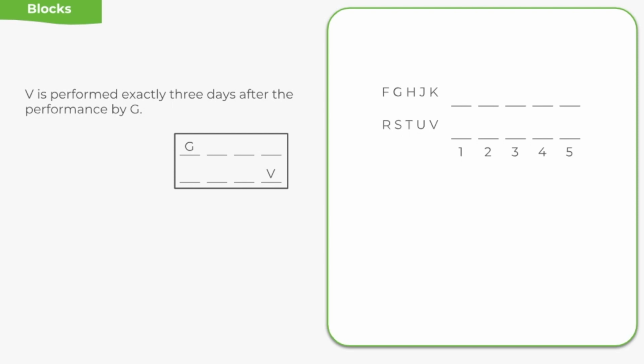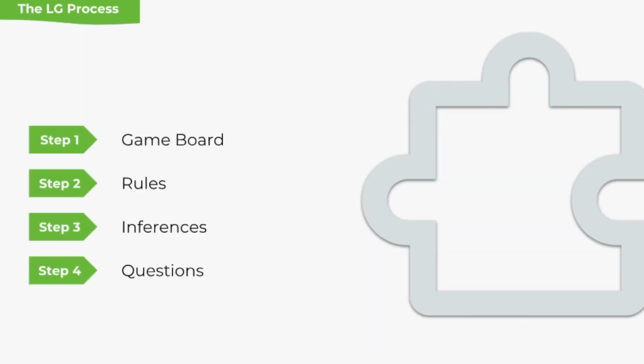So if you've got 2 variable sets, F, G, H, J, and K, versus R, S, T, U, and V, we're going to run them 1 through 5. If you have a block that's going to separate G and V with 2 spaces in between, and there's only 2 places for that block to go, it's a good idea to follow that out, because it's going to lead to some inferences, and those inferences will give you a lot more structure that you can then use to answer the questions more efficiently.